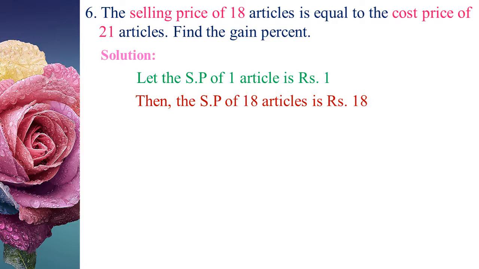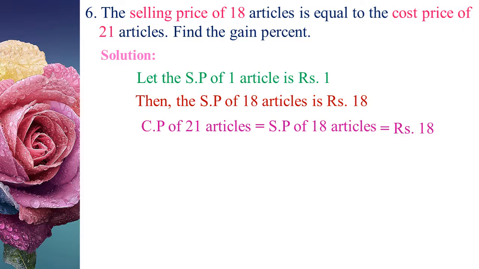Yes, the selling price of 18 articles is equal to the cost price of 21 articles. So, the cost price of 21 articles is equal to the selling price of 18 articles, which is rupees 18.